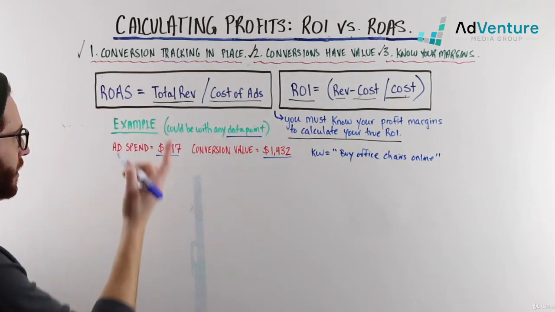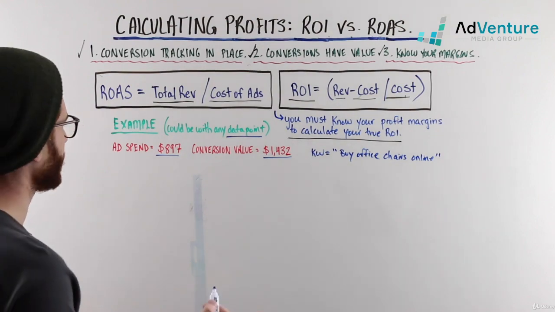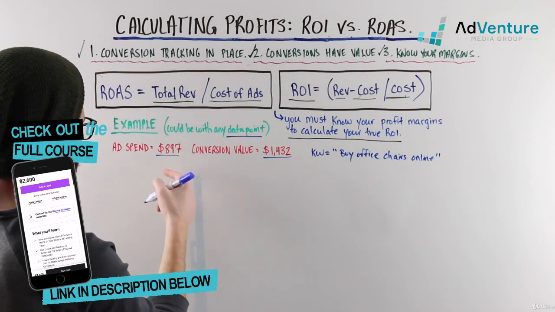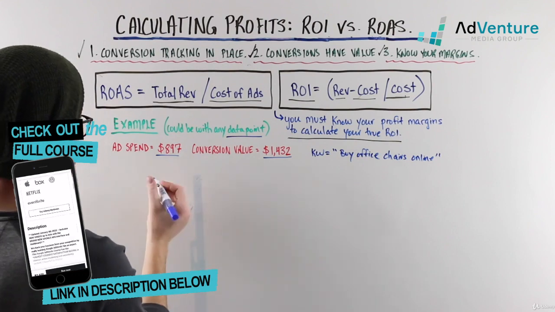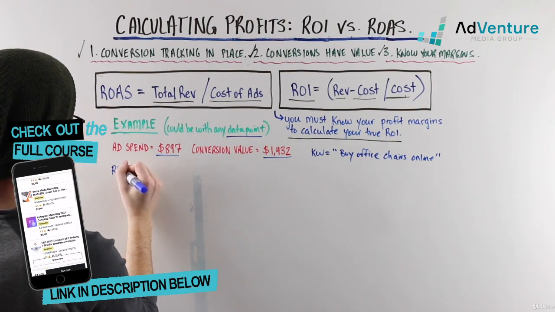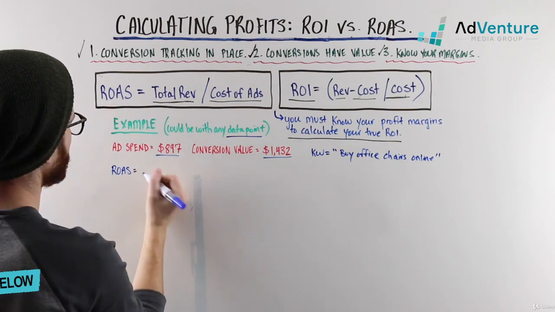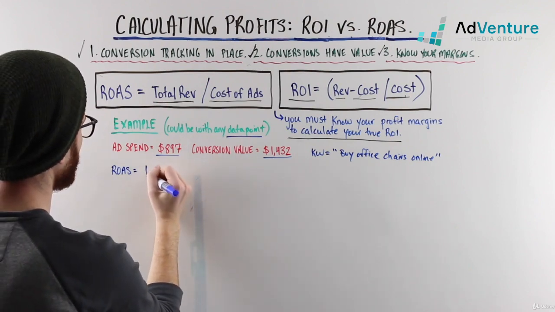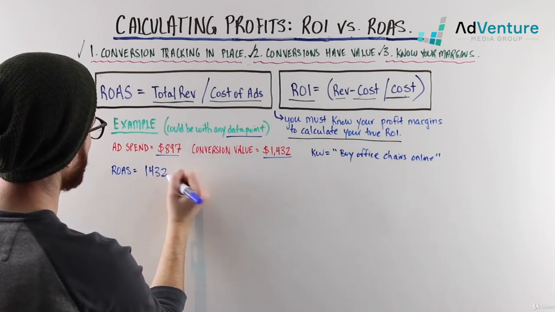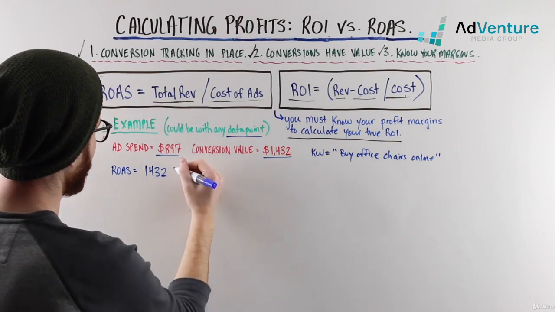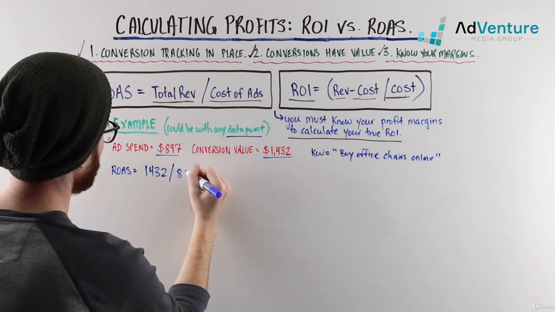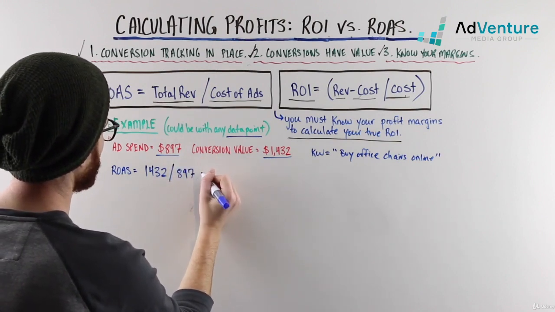So let's plug in our calculations for return on ad spend. Total revenue would be our conversion value. So we have ROAS equals 1432 for our total revenue, simply divided by the cost of ads, divided by 897.